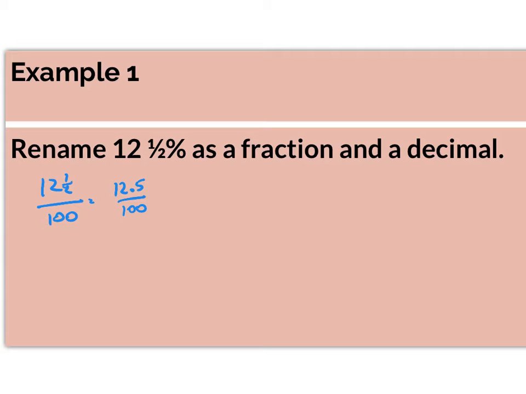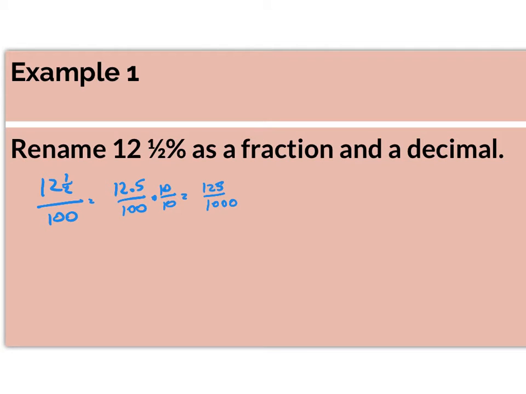We know we cannot have decimals in a fraction. So what we have to do is multiply by 10 over 10, which gives you 125 over 1,000. Whenever you have decimals, if you multiply or divide by 10, you just move the decimal. That's all you have to do.